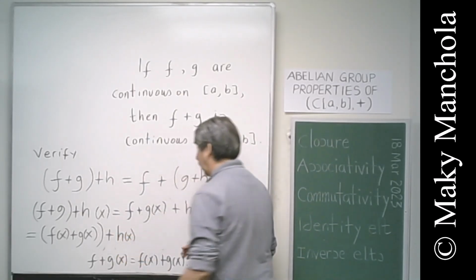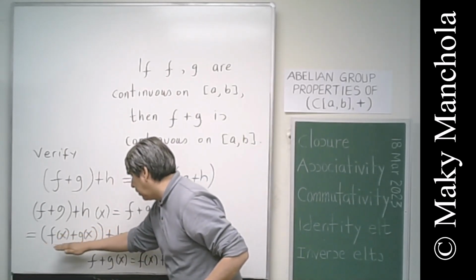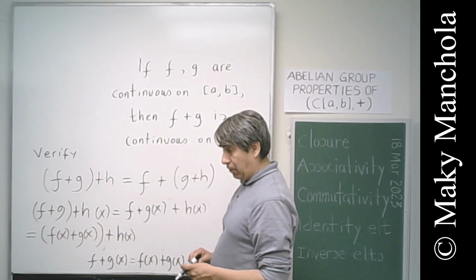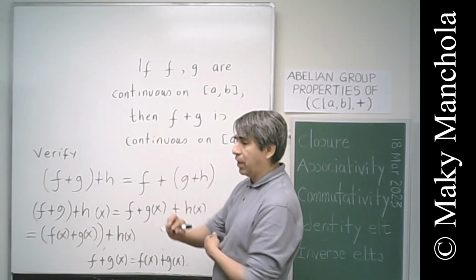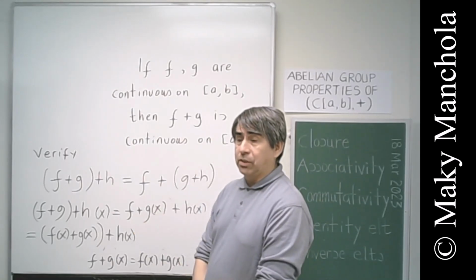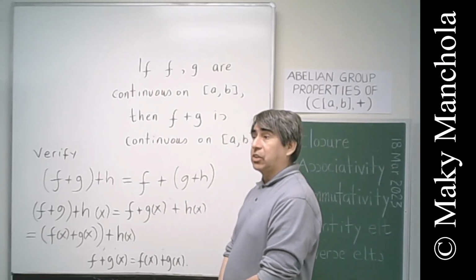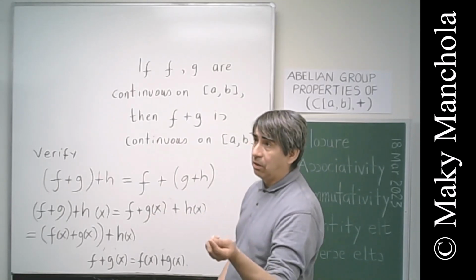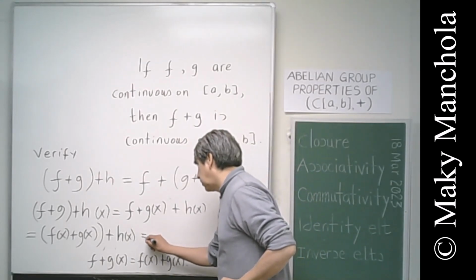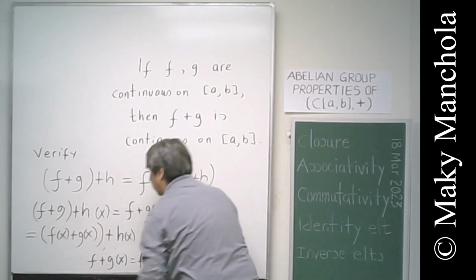Now, what are we looking at in here? A real number, a real number, a real number, and this is an addition of real numbers. Now we know that the set of real numbers together with addition of real numbers is associative. So we're using now the associative property of real numbers under addition. That gives us the right to transfer the parentheses.